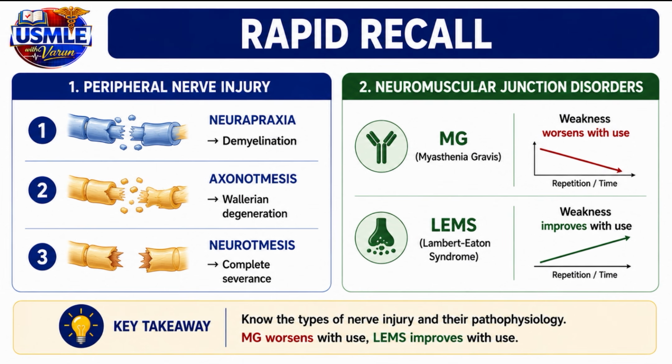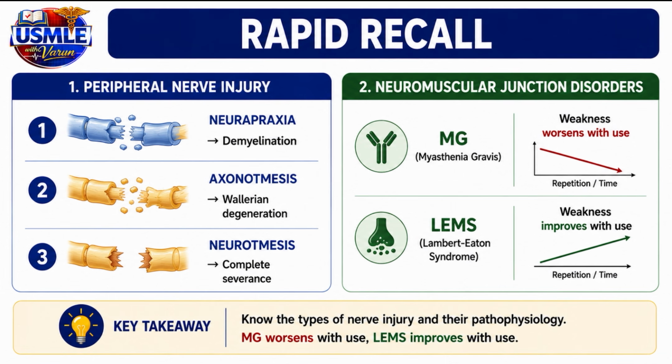In neurotmesis, there is complete severance of the nerve along with severance of the connective tissue sheaths, the endoneurium, perineurium, and epineurium. This complete severance leads to a worse prognosis. For repairing neurotmesis, we need surgical repair, also called neurorrhaphy. This is a microsurgical procedure.